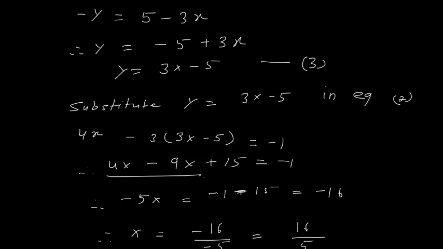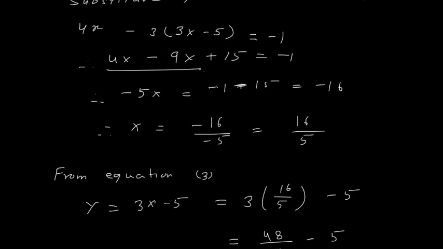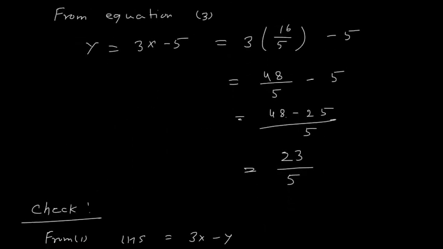I will put this value of x in any of the equations. So from equation 3, y is equal to 3x minus 5. So 3 into 16 upon 5 minus 5. 16 times 3 is 48, 48 upon 5 minus 5. 48 minus 25 upon 5, this is 23 upon 5.